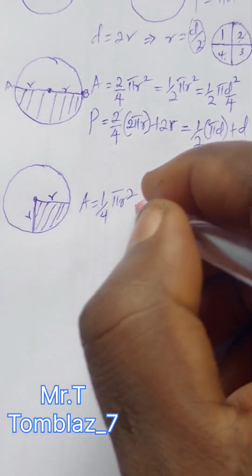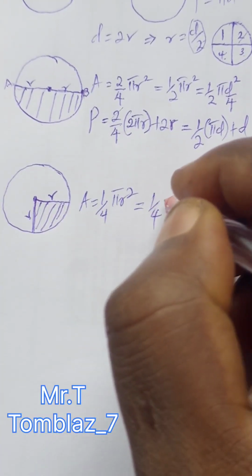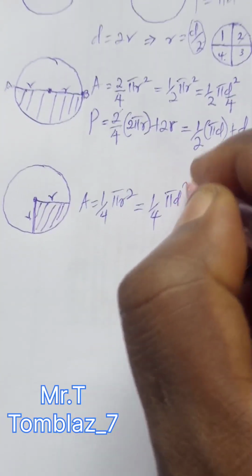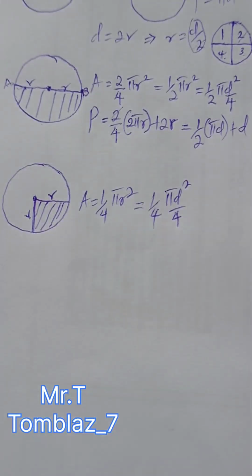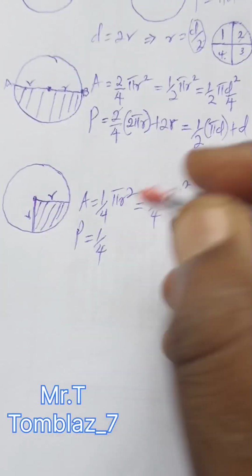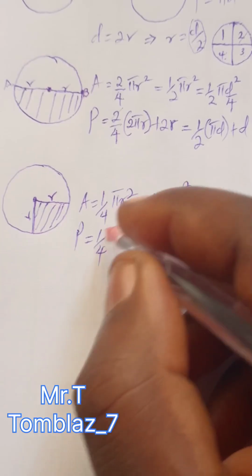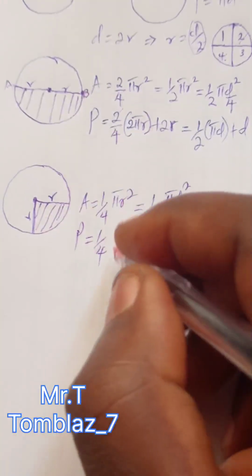If I want to use d, that is the diameter, it will still be 1/4 pi d squared over 4. Then what about the perimeter? If I want to work with the perimeter, it will still be 1/4. Now, what is the formula for calculating perimeter?